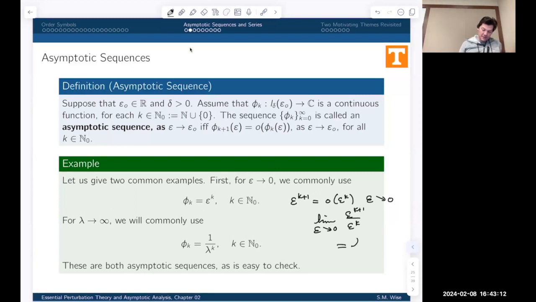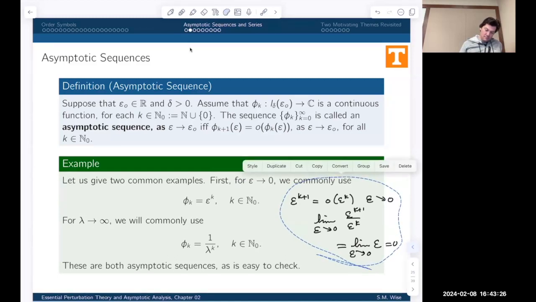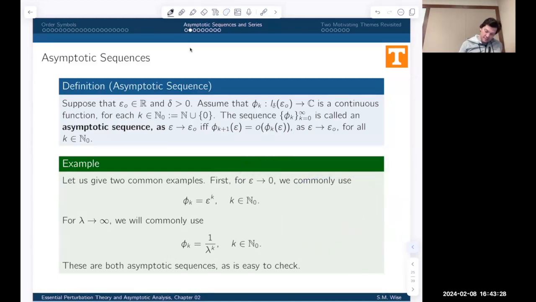So that's the limit as epsilon goes to 0 of epsilon, and that's 0. So that's good. That's cleared up. So this object forms an asymptotic sequence.